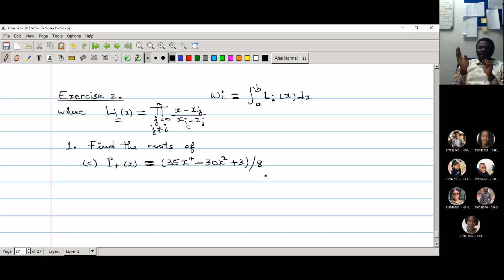So if the degree of the polynomial is odd, symmetry about 0, so 0 will be a root already. And then for any positive x, its negate will also be a root. So it gives you a total of an odd number of roots. But if it's even, because for any positive x you have the negate, 0 cannot be there.